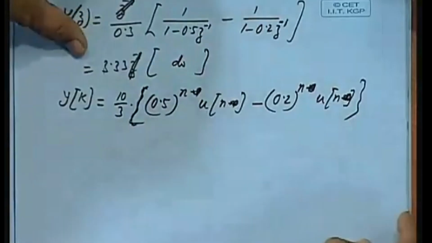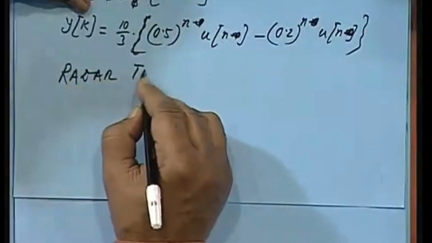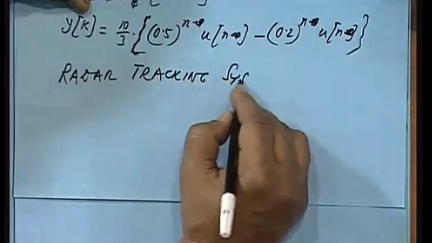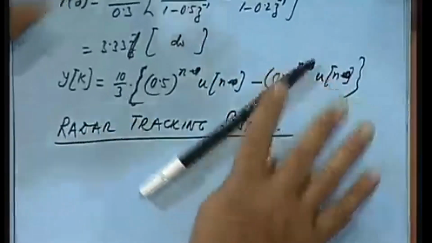Now, let us take an interesting application, radar tracking system. In a radar tracking system, what you do, you have a source of signals, you are sending pulses, all right.